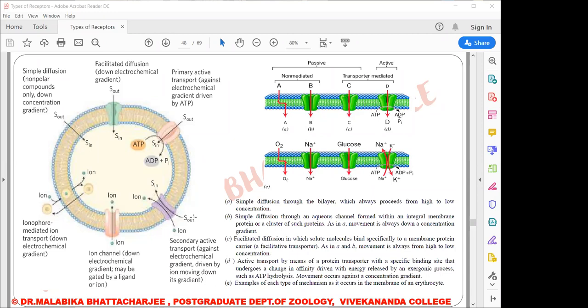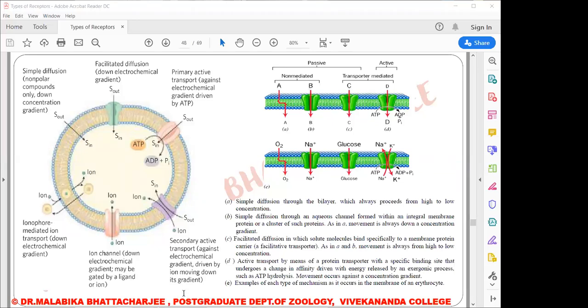This is a simultaneous reaction in secondary active transport. It doesn't happen alone. The movement of one molecule down its gradient facilitates the movement of another molecule against its gradient.